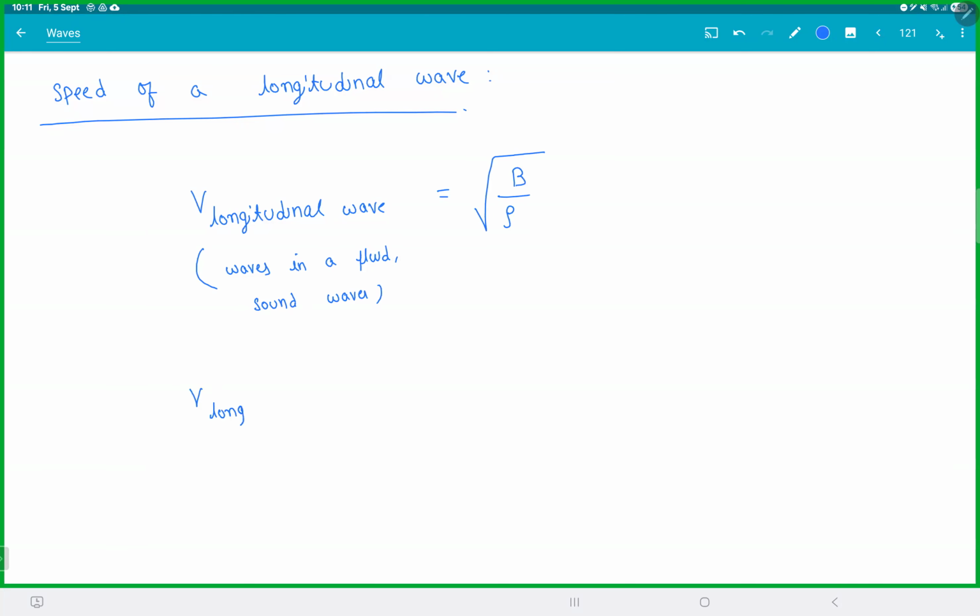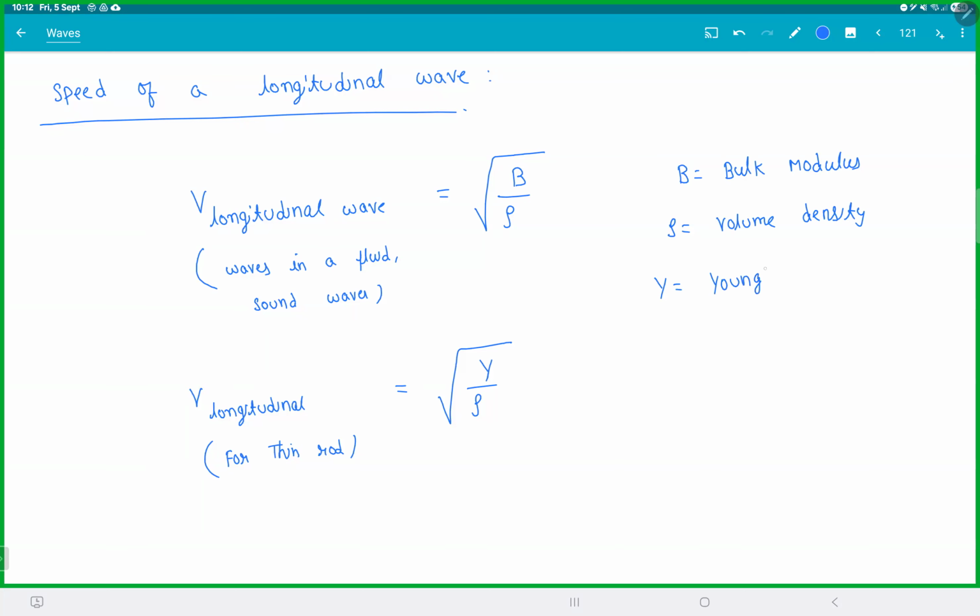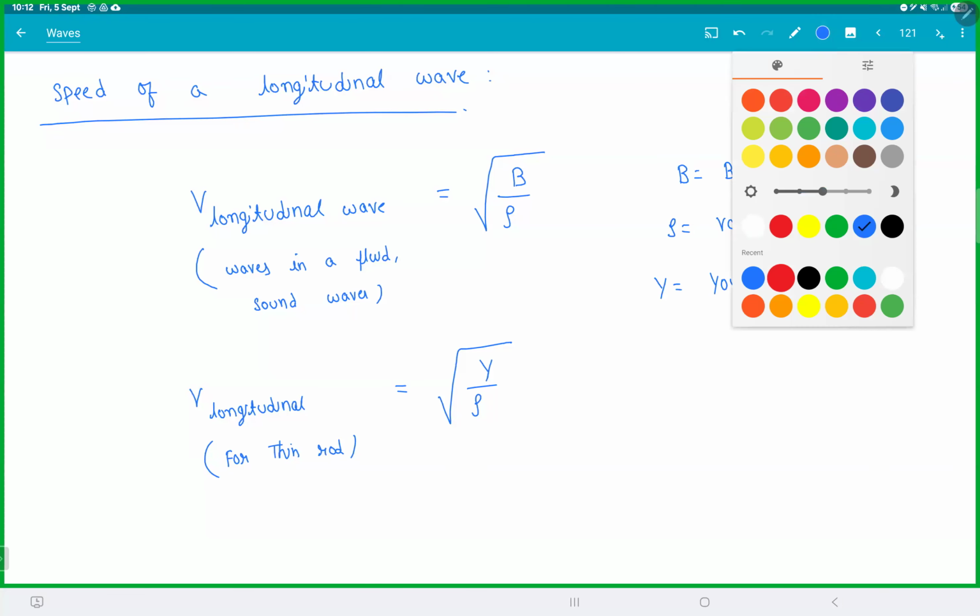Same thing, if you take a longitudinal wave in thin rods, now for thin rods, there is no volume defined. So we define Young's modulus. Rho is your volume density. You should definitely remember these formulas.